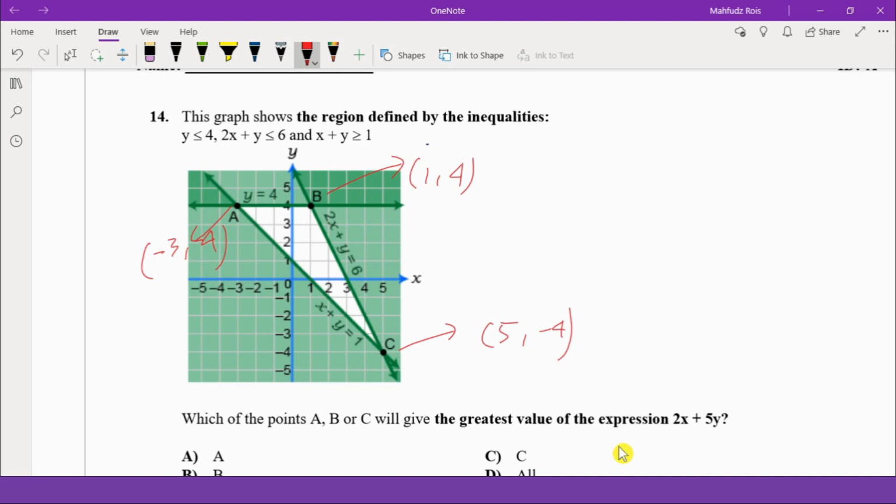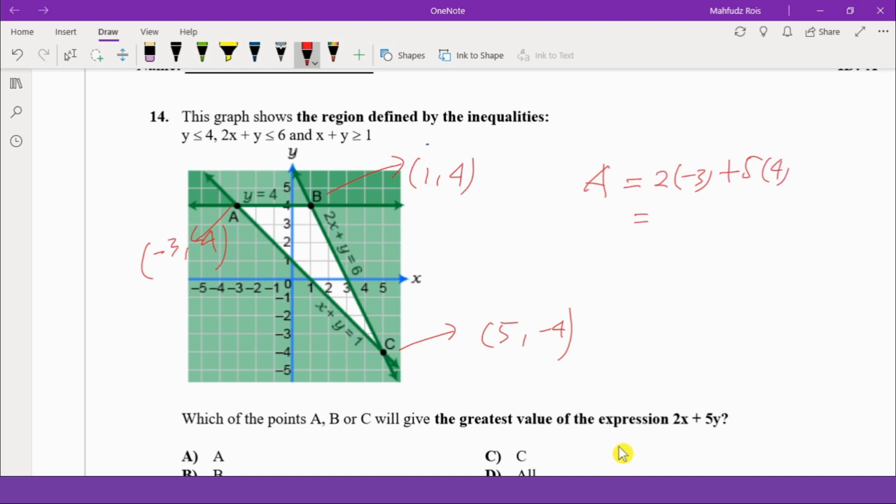Okay, for point A, so it's 2 times -3, right? Plus 5 times 4.